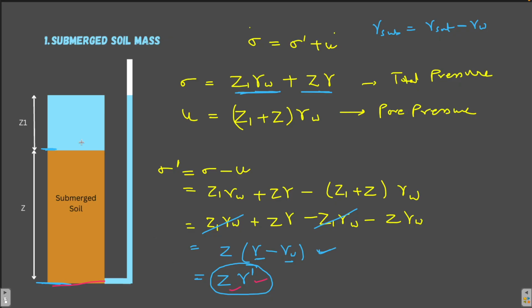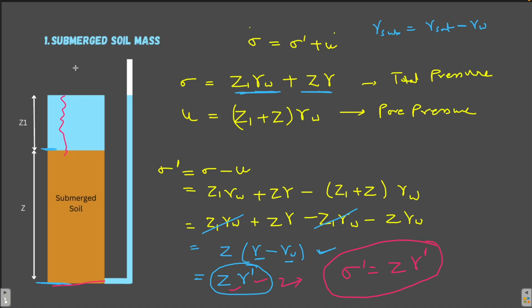So you see that this liquid column of height Z1 has no role to play here. There is no term of Z1. So effective stress is Z into gamma dashed, or gamma submerged, but there is no term of Z1. So whenever the soil is in submerged condition, the height of the water does not matter.